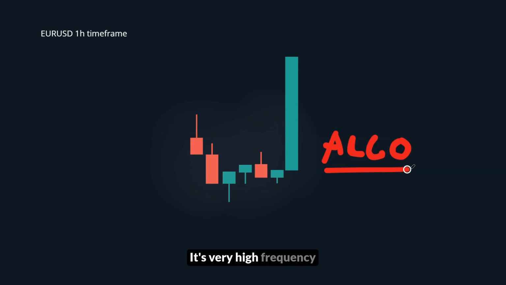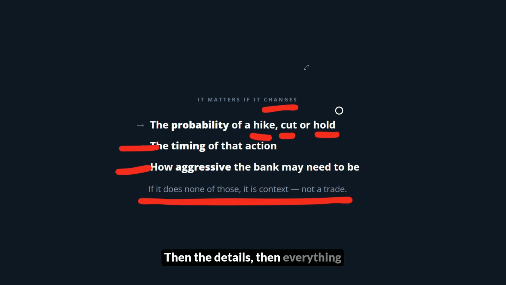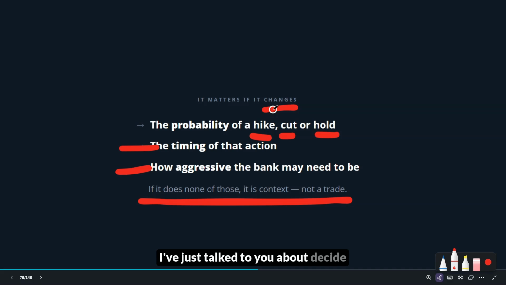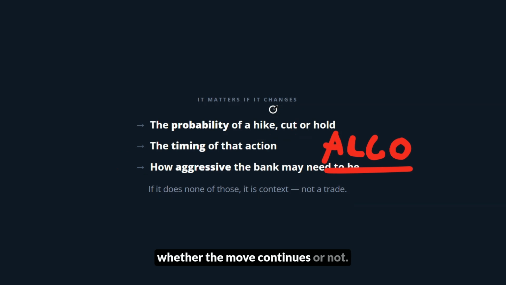It's high-frequency traders, algorithms that react programmatically to the headline number, which does not reflect the sentiment of the big speculators. It's volatility. It doesn't necessarily mean direction, because it's algorithms that are simply reacting programmatically to the number that they see on the screen. Then the details, everything I've just talked to you about, decide whether the move continues or not.